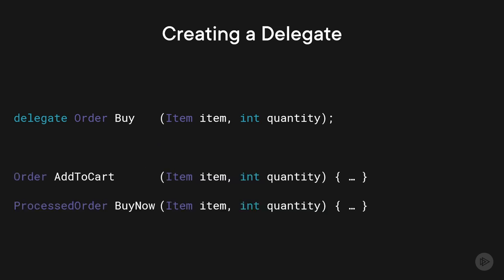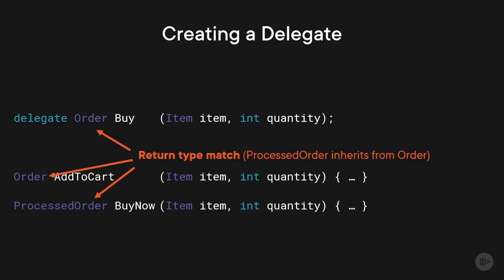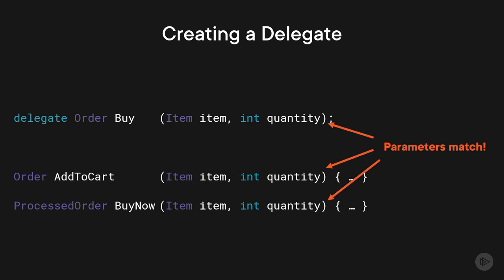These two different methods both match the signature defined by the delegate. One defines that it returns an Order, while the other returns a subclass type called ProcessedOrder. The return type supports covariance, while the delegate parameter supports contravariance.